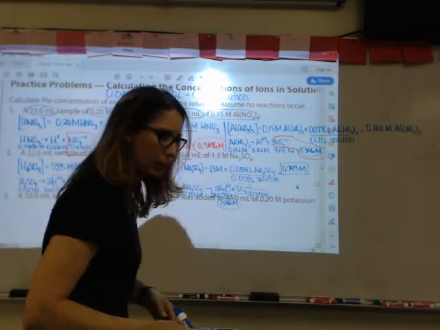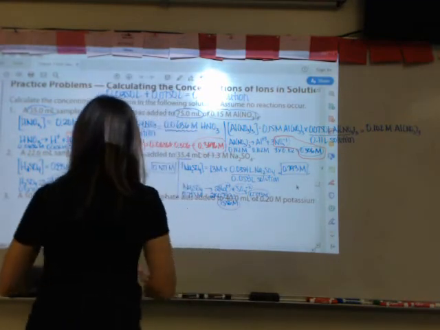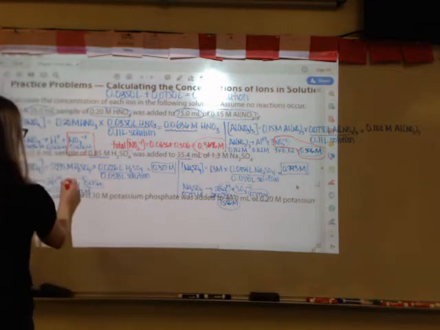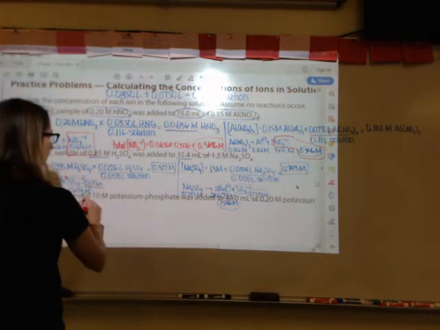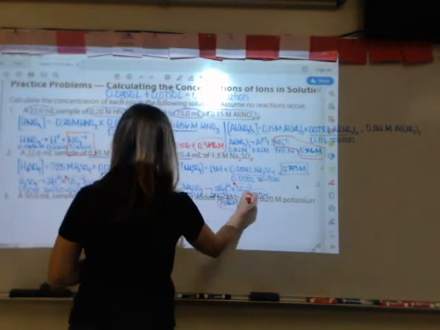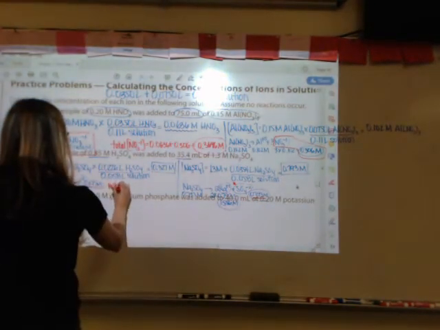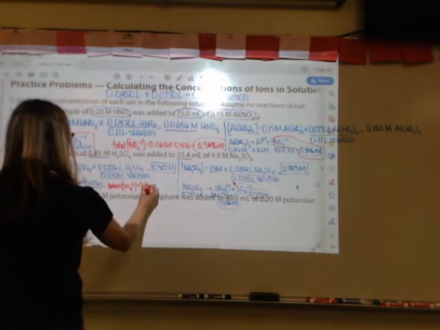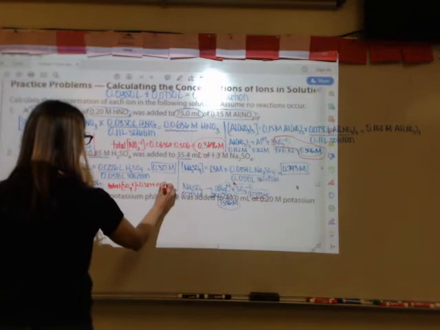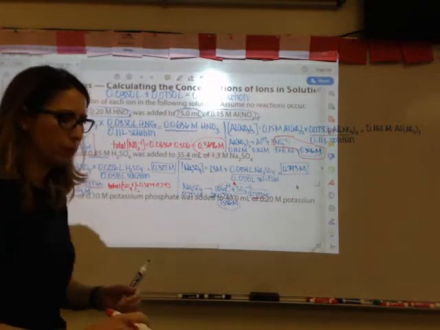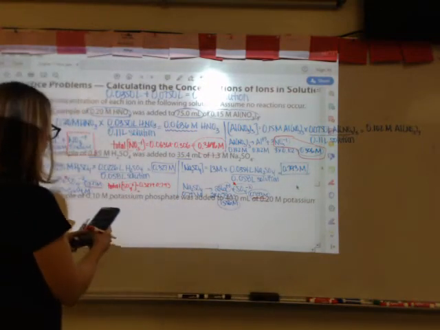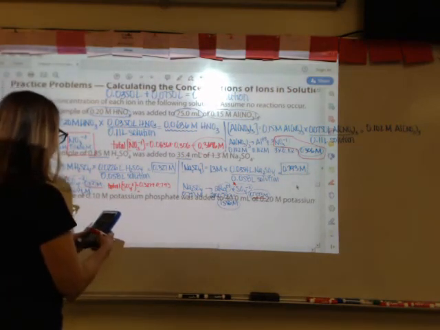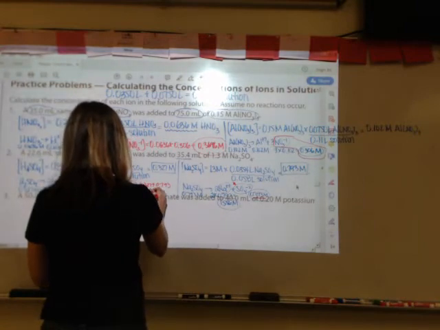Okay, now if I need to get the concentration of the ion that was shared by both solutions, which is your sulfate here, you have to add those together. So the total sulfate ion concentration is 0.327 plus 0.793, and you get 1.12 molarity.